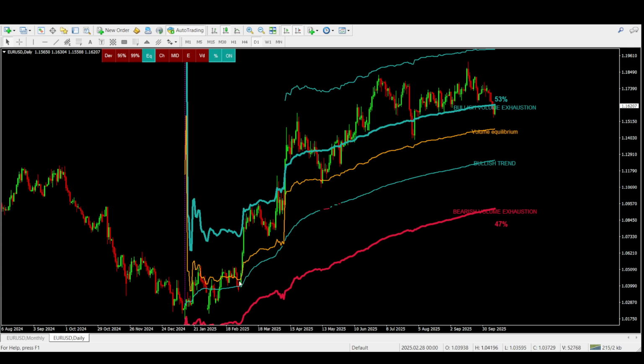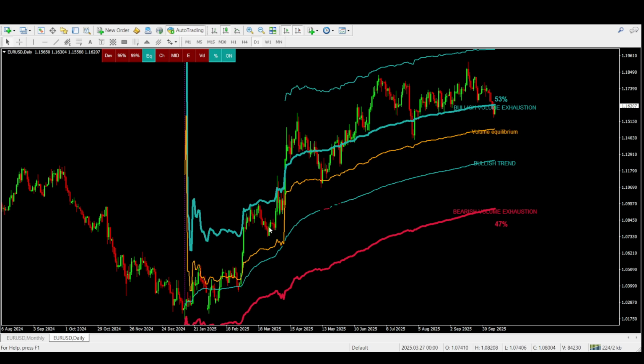Then what happened? The market corrected and went up, reached the bullish volume exhaustion. Usually we expect here the market to correct, but look, here you got an excellent tool that shows you what happened after that.